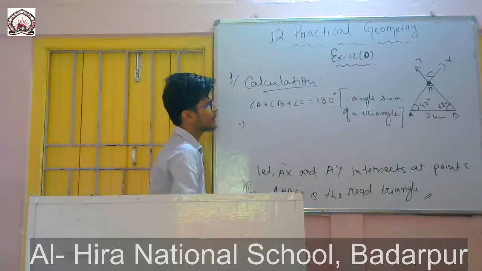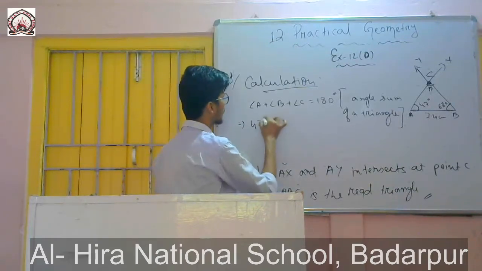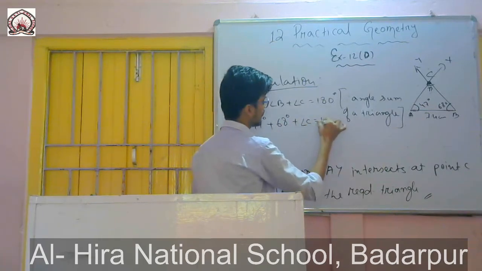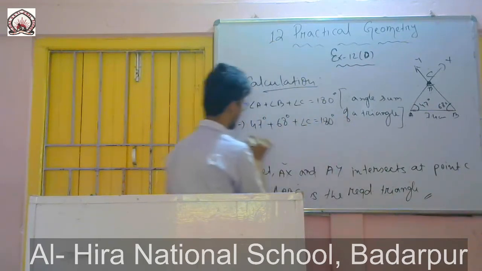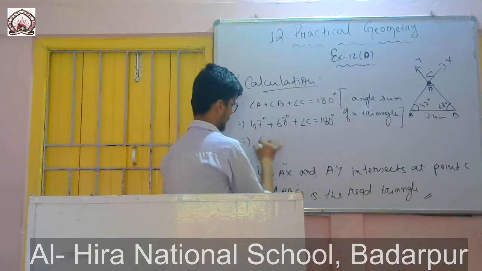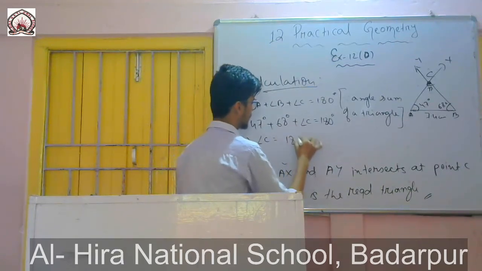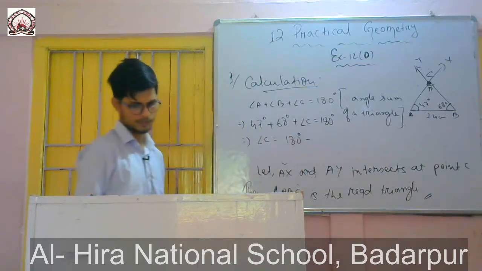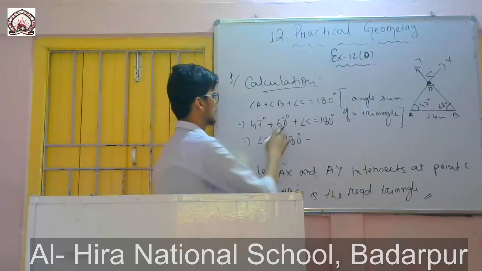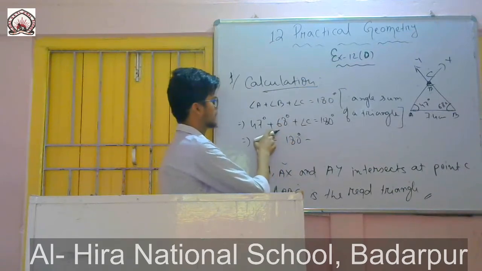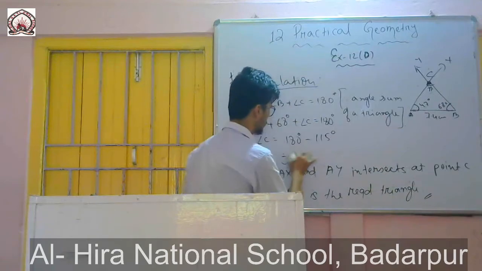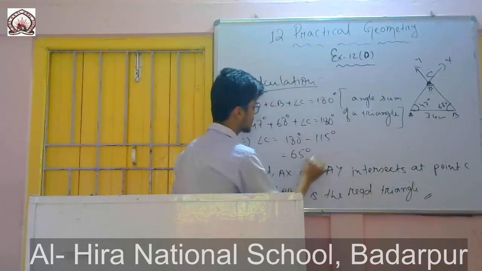Angle A we know is 47 degree, B is 68 degree, and C we don't know. So angle C will be equal to 180 minus 47 plus 68. 47 plus 68 is 115 degree, so C equals 65 degree.